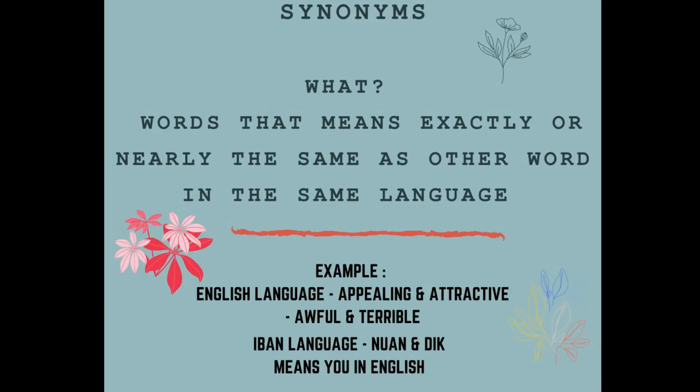For example, in the English language, words such as attractive and appealing, or words such as awful and terrible, both mean exactly the same. While we also have words that are nearly the same, such as end and finish.